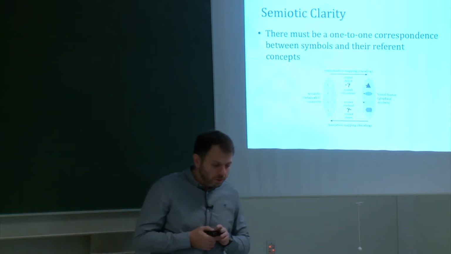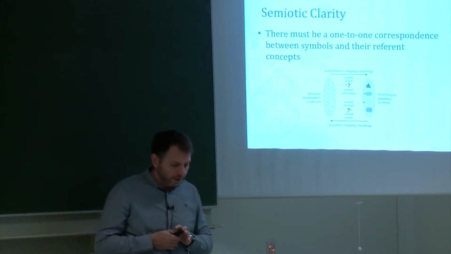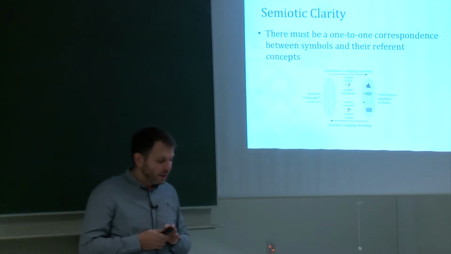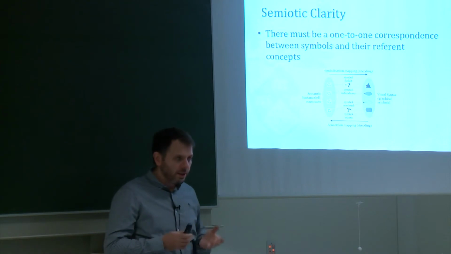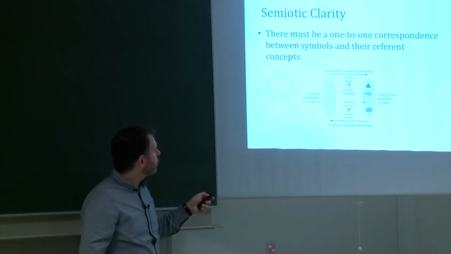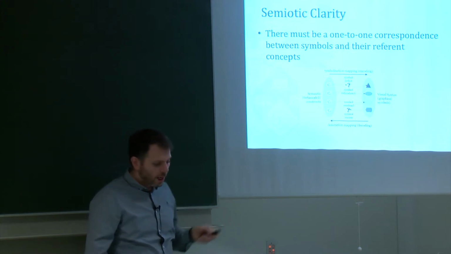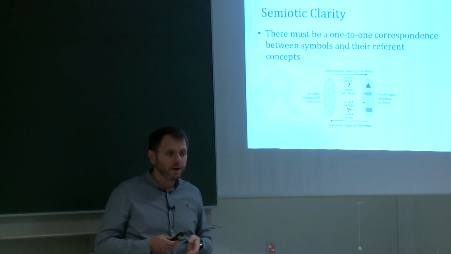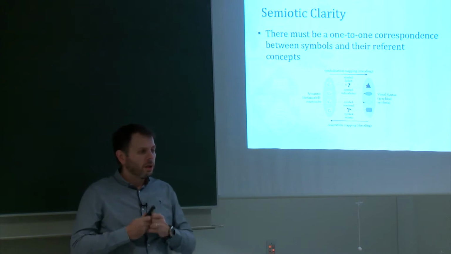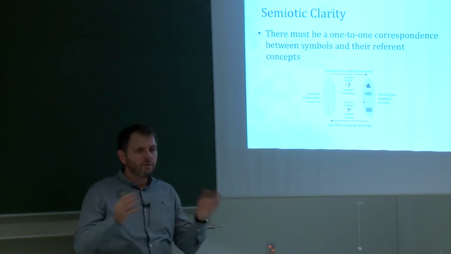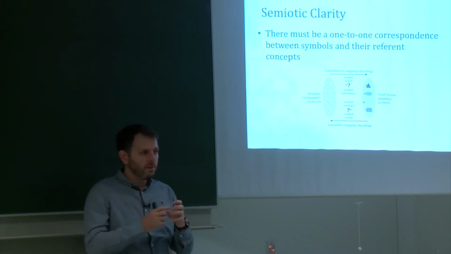The first principle is called semiotic clarity. Under this principle, we should be trying to have a one-to-one correspondence between symbols and the concepts that they refer to. We could have a diagram where everything is a box.